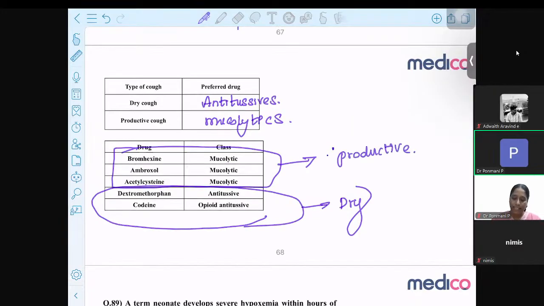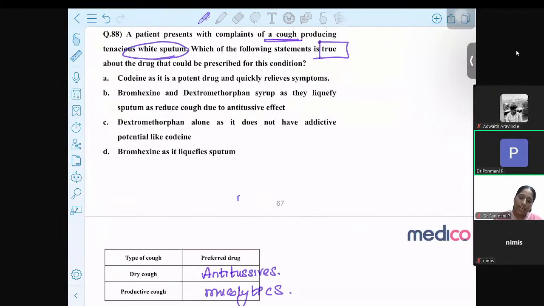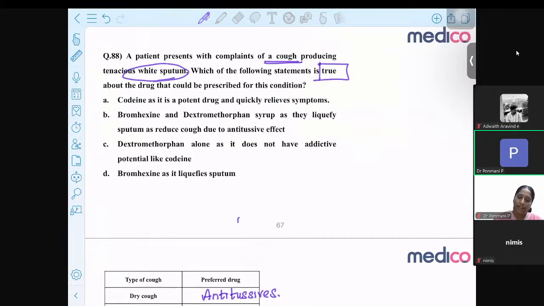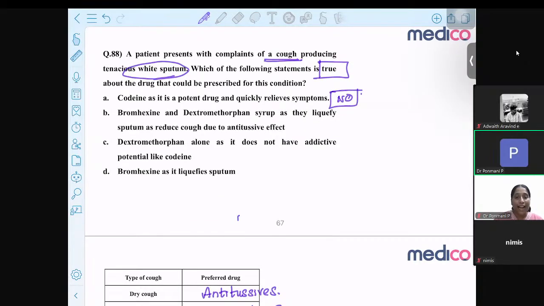So now let us see what they have given. Codeine is a potent drug and quickly relieves the symptoms. No, because it is an antitussive, and here it is a productive cough. Bromhexine, yes, we can give bromhexine, but it also states dextromethorphan. No, dextromethorphan is used as an antitussive only, so both should not be given.